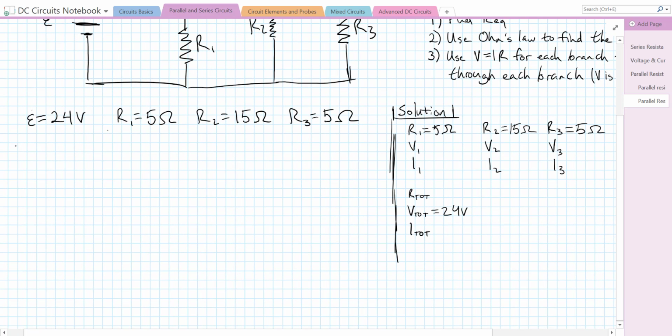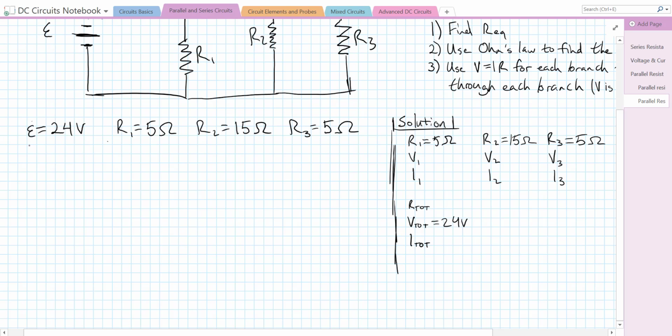So we know that we have R1, R2, and R3 in parallel, so our equation for equivalent resistance is R equivalent to the minus 1 is equal to R1 to the minus 1 plus R2 to the minus 1 plus R3 to the minus 1. And we can plug in some numbers there.